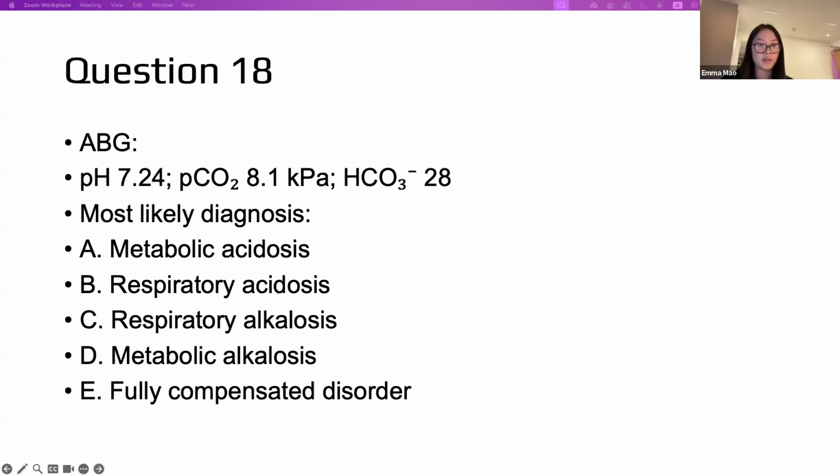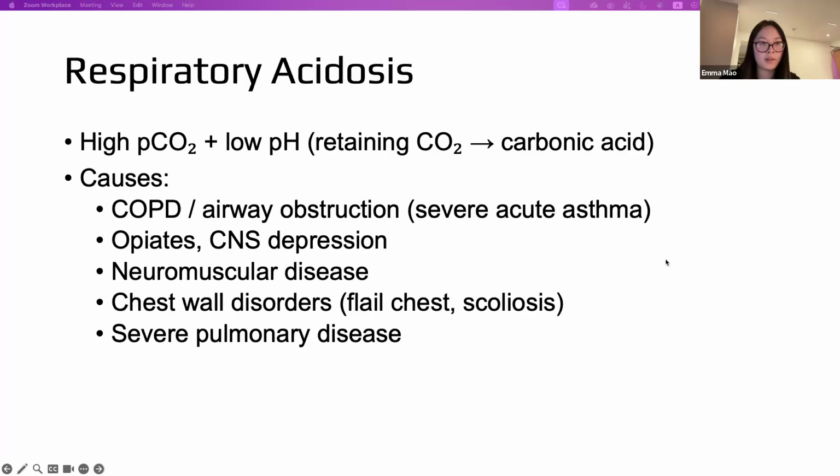And we have bicarbonate here as high as well, so it's trying to buffer. So it's actually partially compensated the respiratory acidosis. So slight compensation there. Hope that is okay. So let's keep on going.